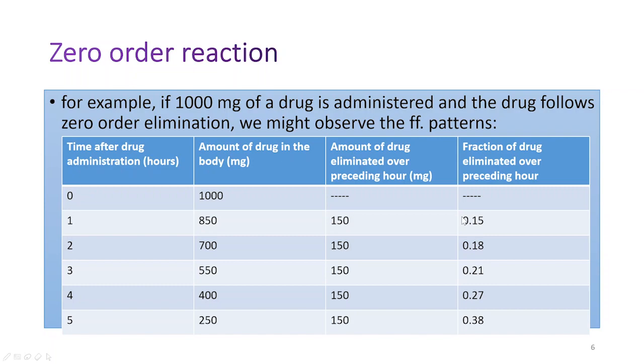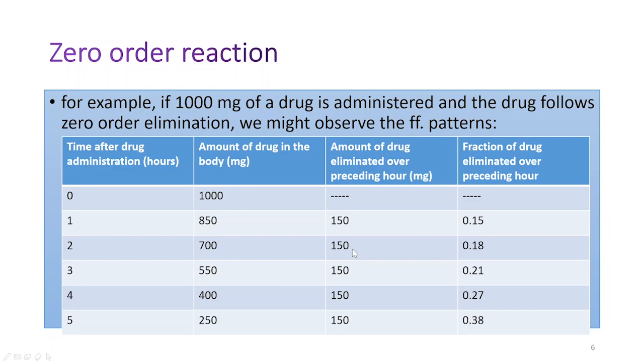Now, another hour passes. So again, from the 850 that remains in the body after 1 hour, there will only be 700 after 2 hours. So again, 150 milligram has been eliminated.